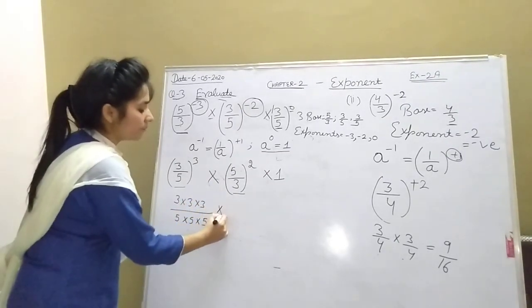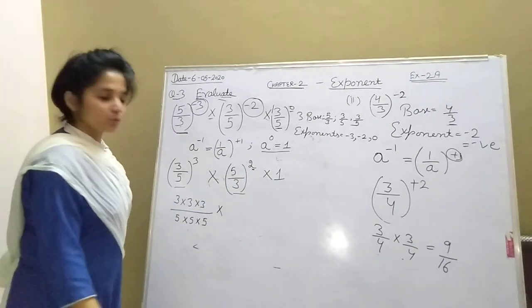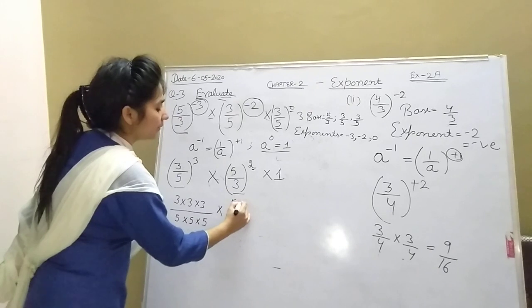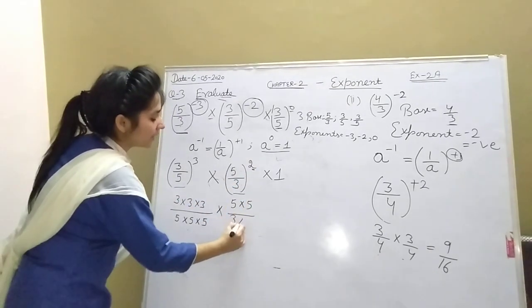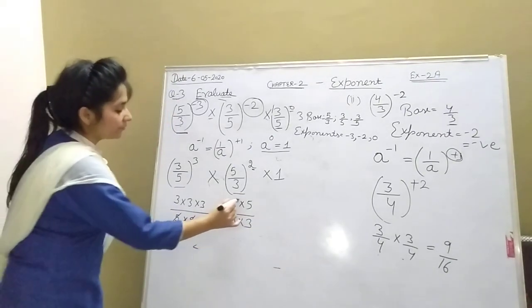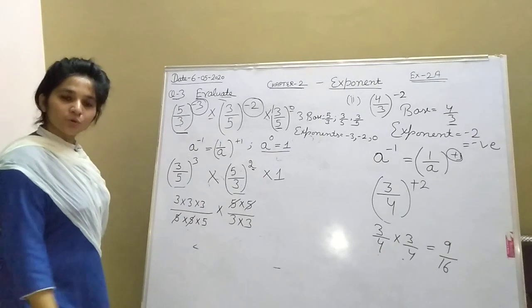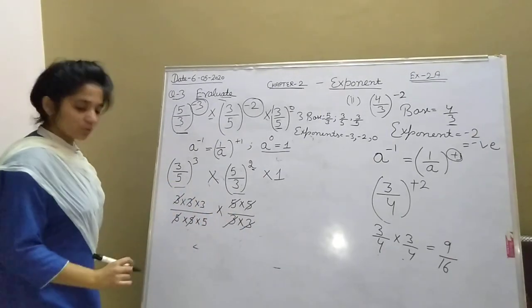Same as 5 by 3 two times, 5 multiply 5 and 3 multiply 3. 5 cancels 2 times and 3 is also cancelled 2 times.